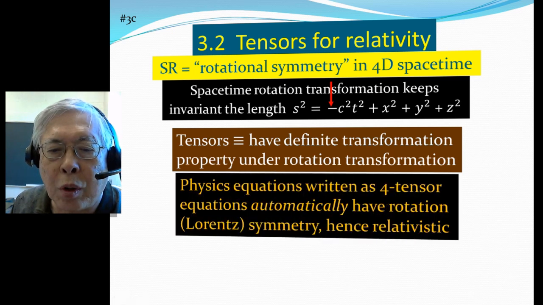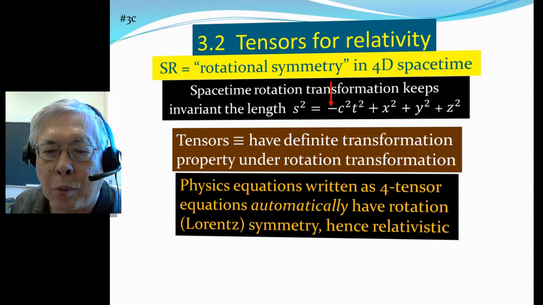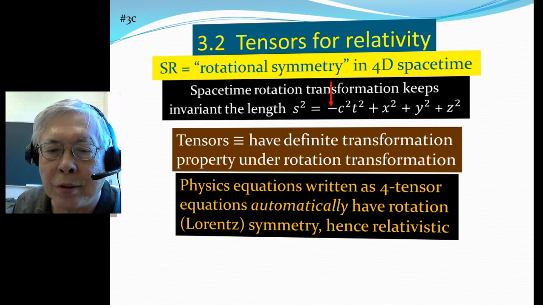And physics equations are written as tensors, in this case four-dimensional tensors, four-tensors, and they will automatically be rotationally symmetric. Rotation again means Lorentz symmetric. Therefore, the equation will be relativistic if it can be written as four-tensor equations.